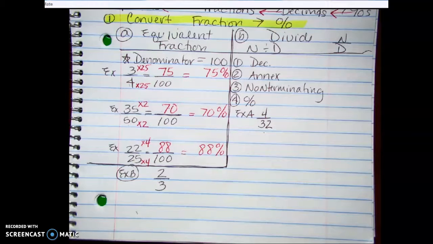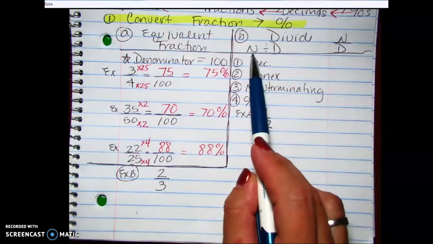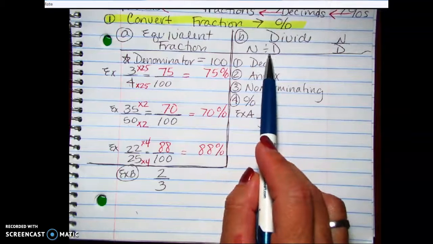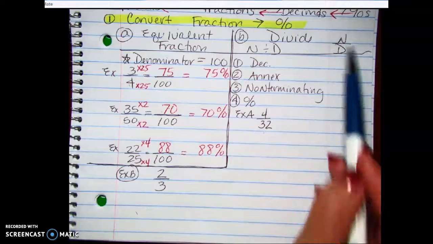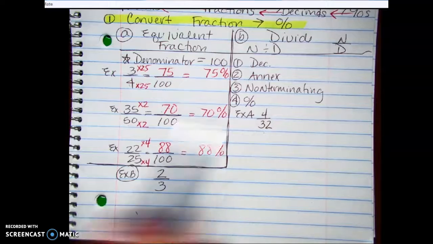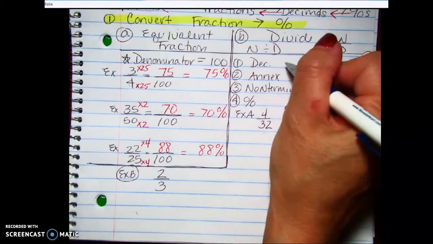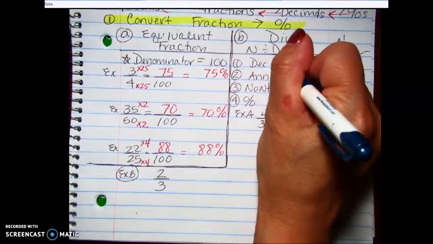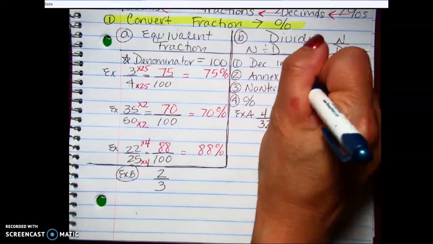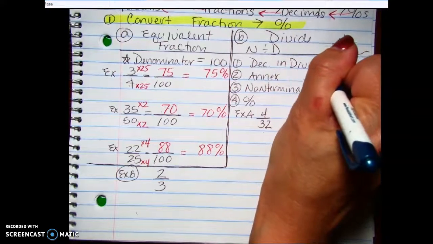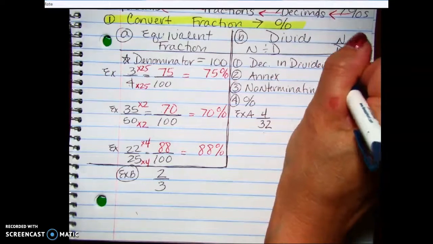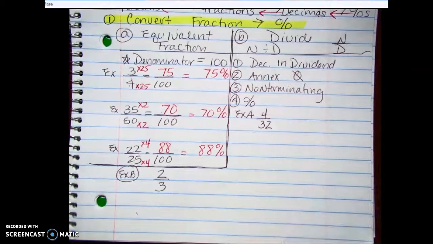Now, we've already done this several times. We divide the numerator by the denominator, and of course, we have it set up as a fraction. So I started off my list of things that need to be done. It's a brief abbreviation because we've actually done this in the past. So first we put a decimal in the dividend, then we annex zeros.